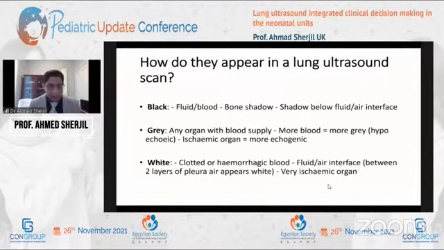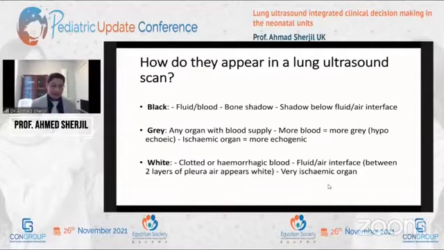So how do different things appear in a lung ultrasound scan? An oversimplified description here is, you've got black images and white images, and then you have shades of gray. Something completely black, very hypoechoic, is fluid or blood, which is fluid. And a bone shadow, not the bone, the shadow of the bone, that just looks black, which means either it's fluid or it's nothing.